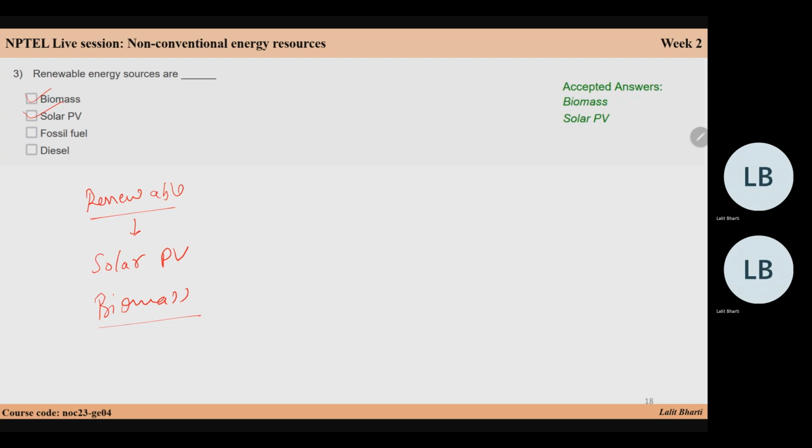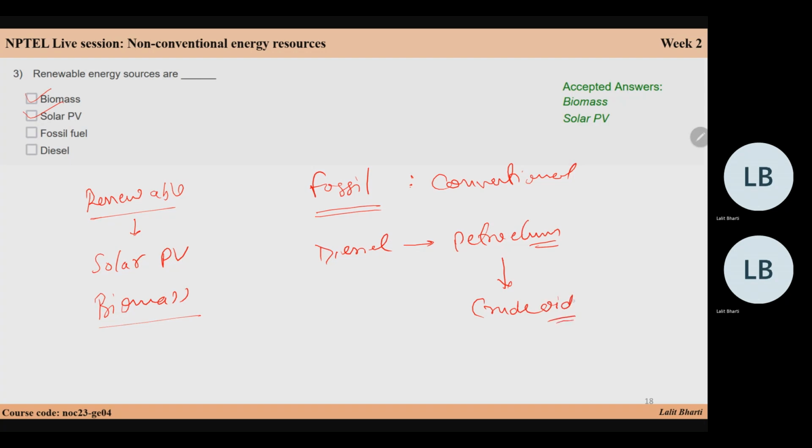But fossil fuels are conventional. Similarly, diesel comes from petroleum, or crude oil, so it is not a renewable energy source.